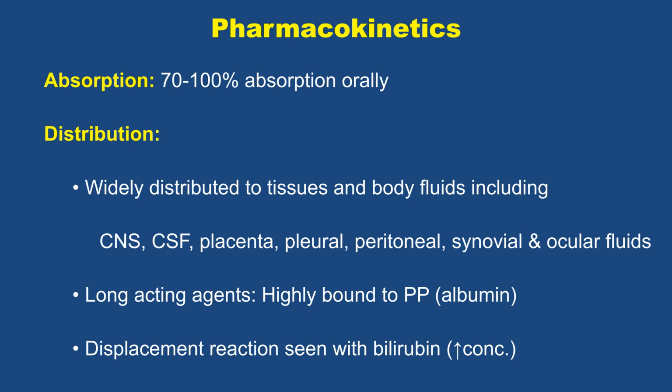If one drug is binding to such a site, then administration of a second drug having high affinity for the same site results in displacement of the first drug from the binding site, resulting in increased concentrations of this drug. A typical example or outcome of drug displacement reactions is kernicterus, where increased plasma concentrations of bilirubin result in deposition of bilirubin in the basal ganglia, resulting in cardiac arrest in neonates.